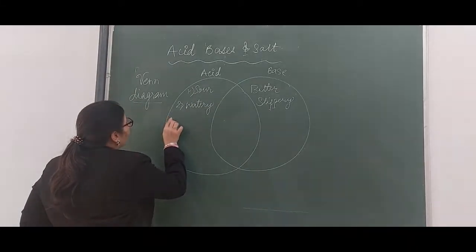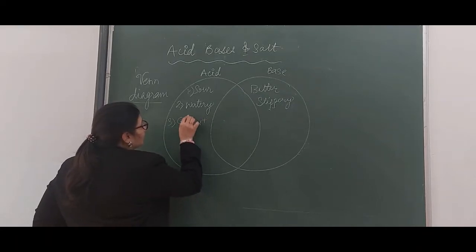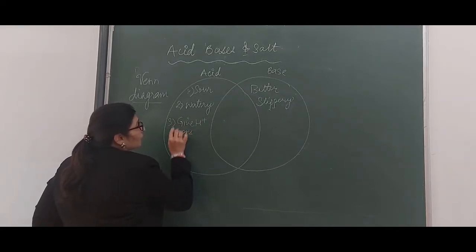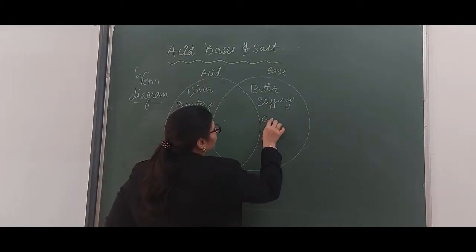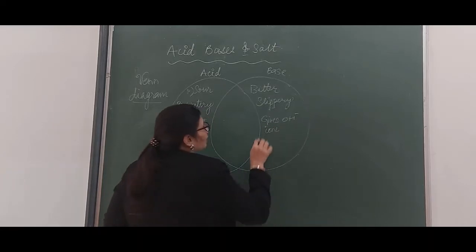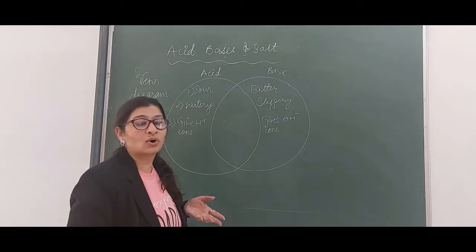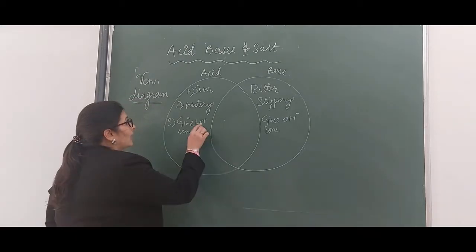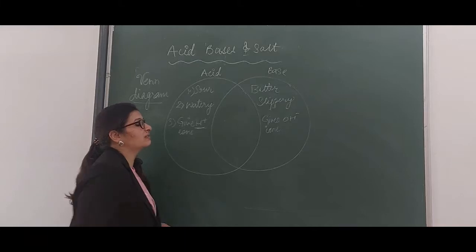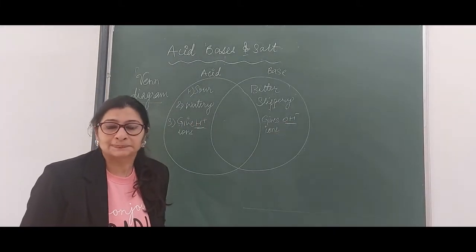Next, acid gives H positive ions, whereas base gives OH negative ions, if you make an aqueous solution in water of acid or base. Acid gives you H positive ions, whereas the base will give you OH negative ions, right?